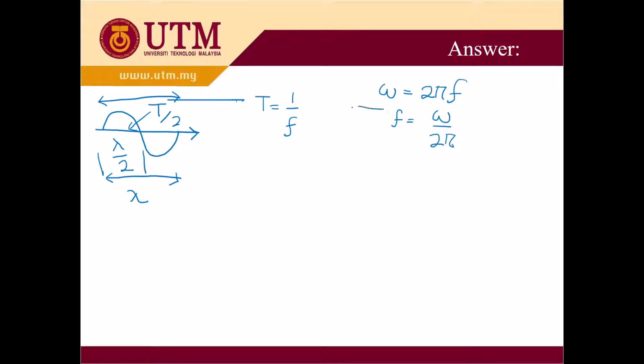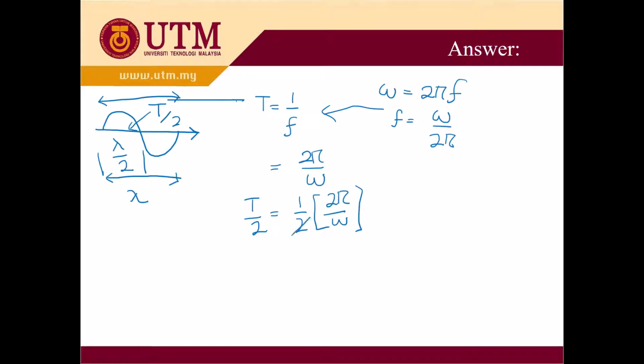So T becomes 2 pi over omega. This is for the complete cycle. For the half cycle, T over 2 is equal to 1 over 2 multiplied by 2 pi over omega.